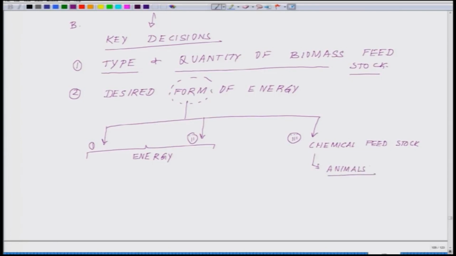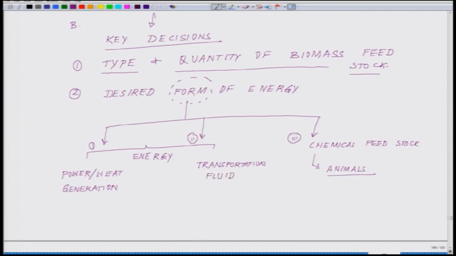In terms of the 2 categories what we are talking about, you could have either power or heat generation, mostly using combustion, which will be following up next, or you could transform into liquid or gaseous fuel in terms of transportation fluid.